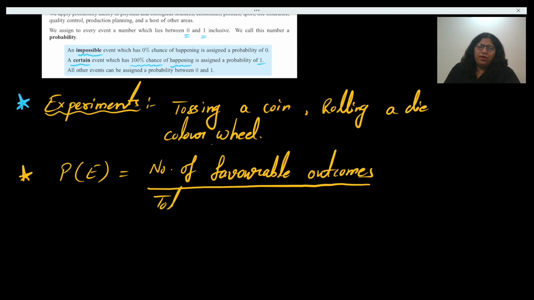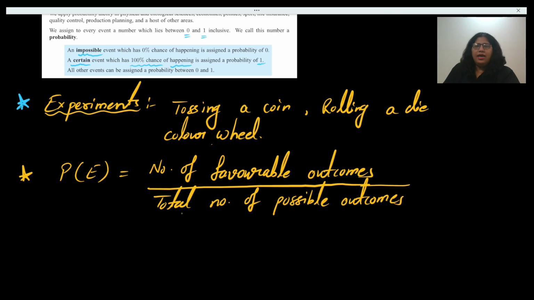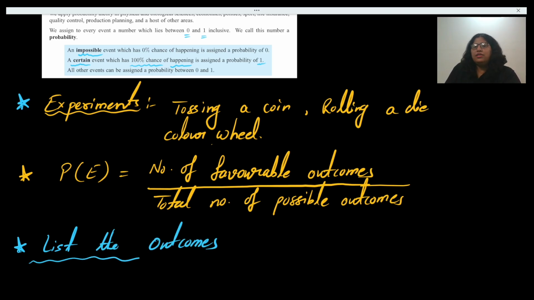This is the basic formula we use, and you must have learned it in your lower grades also. Because we are talking about outcomes, we are going to list the outcomes, and when we list the outcomes, that is called the sample space.